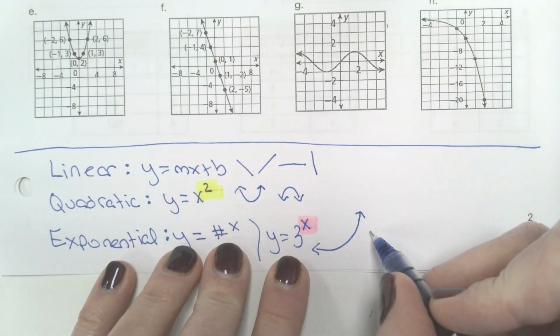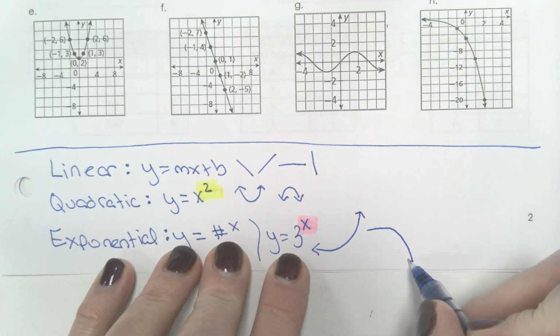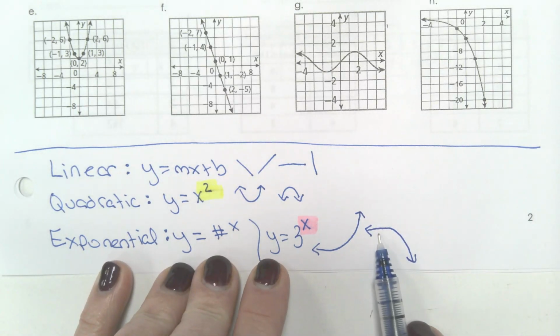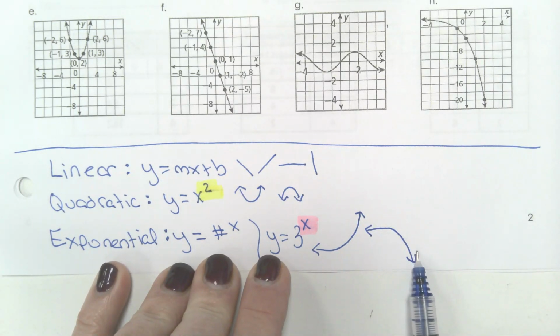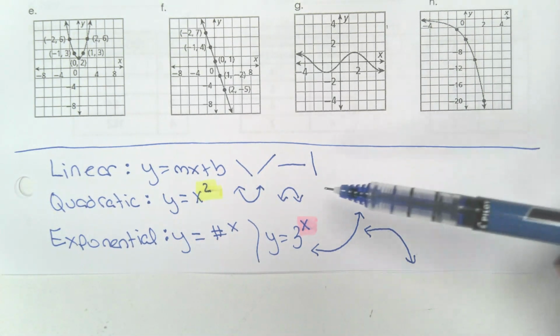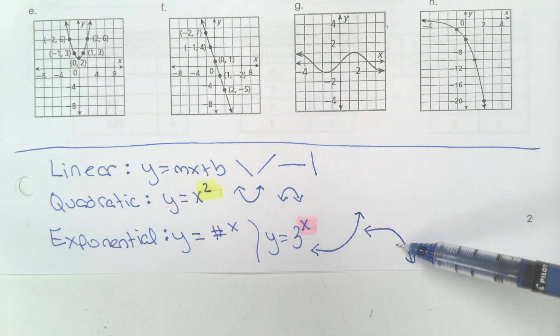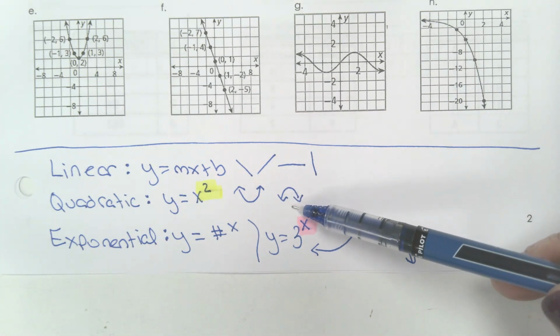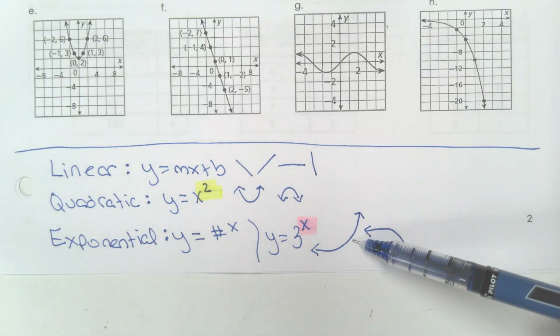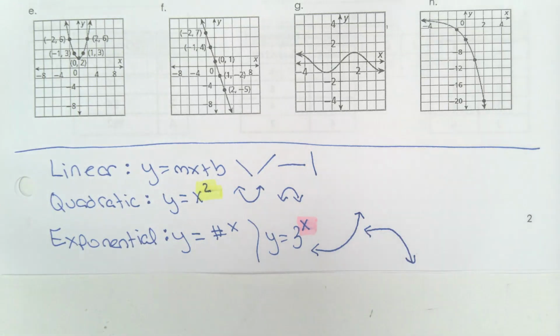So if it were reflected, it could look like this as well. So it could start off flat, and then it goes down from there. So when you're trying to figure out if it's quadratic or exponential, quadratic is definitely a U, and then the exponential is like a curve, but definitely not a U function.